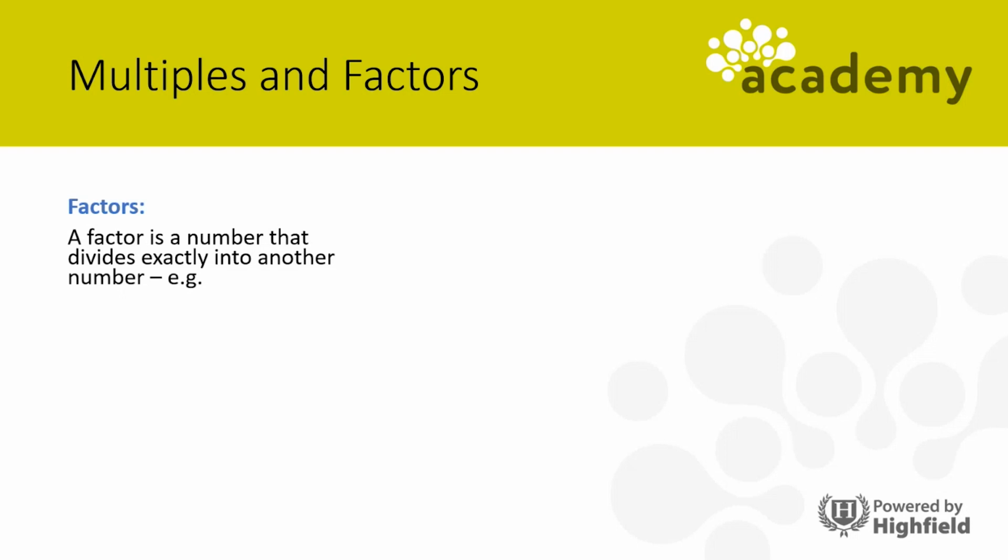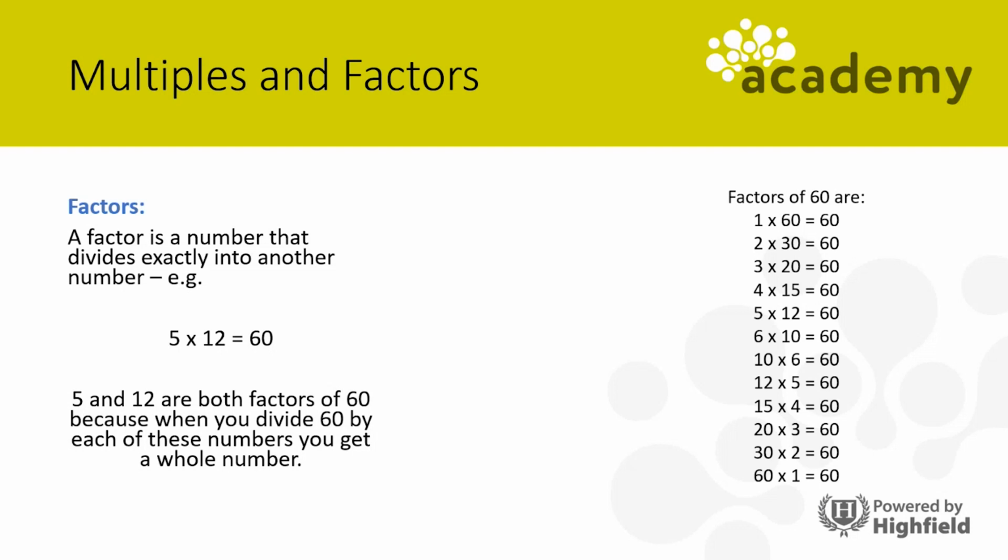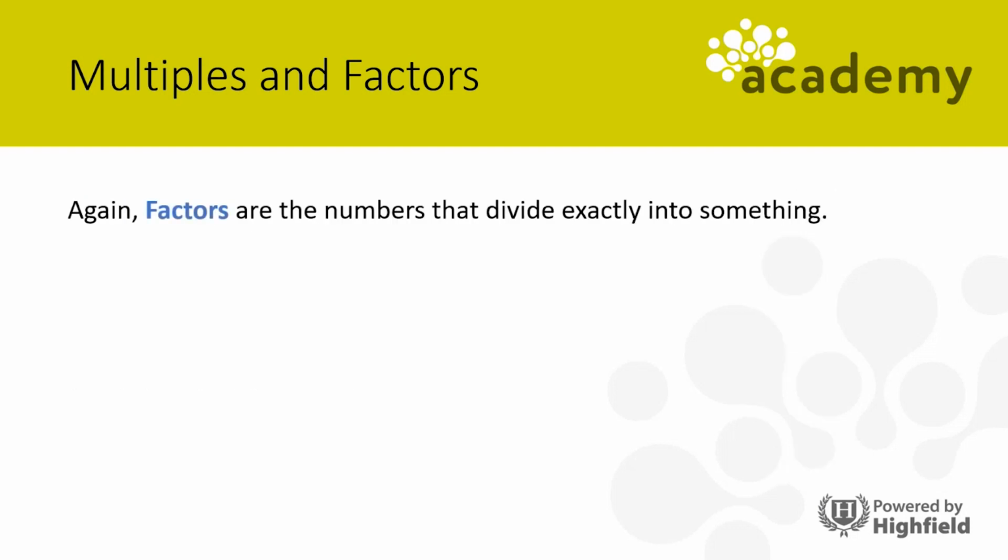A factor is a number that divides exactly into another number. So, with 5 times 12 equals 60, 5 and 12 are both factors of 60, because when you divide 60 by each of those whole numbers, you get a whole number. So you can see in this list, these are all the factors of 60. So again, factors are the numbers that divide exactly into something.